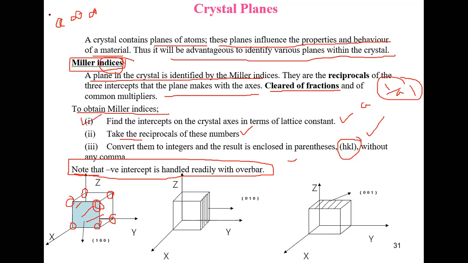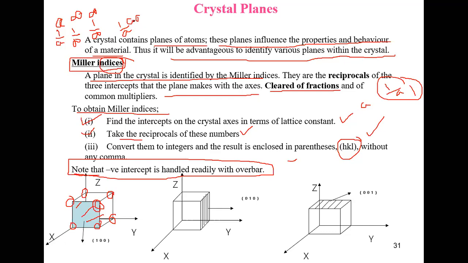The second task is to take reciprocals. So that means 1 by a, 1 by infinity, and 1 by infinity. If you simplify this, it will be 1 by a, 0, and 0. So the second task is done. Then convert them into integers.